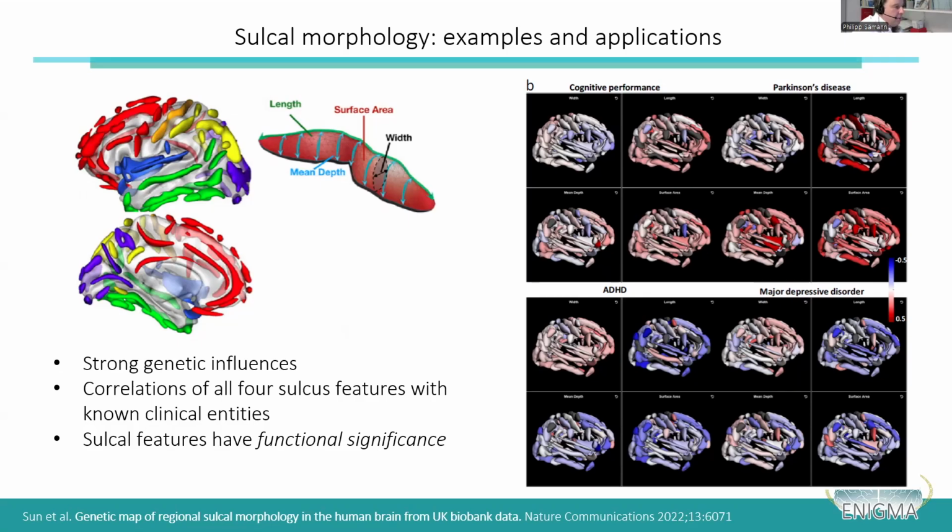And it was demonstrated that there is a strong genetic influence on these measures, and that these measures also correlate with clinical markers to a certain degree, be it cognitive performance or disease status, for example, of Parkinson's disease, ADHD, or depression.